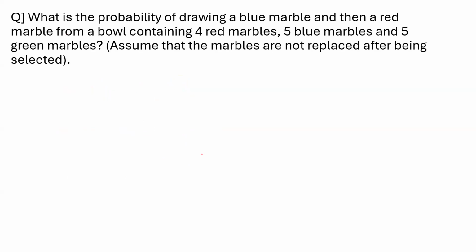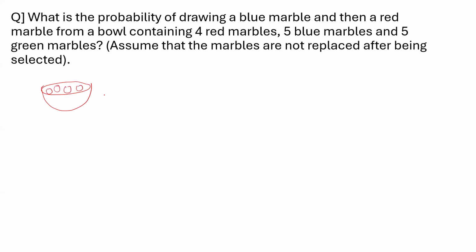The next problem says, what is the probability of drawing a blue marble and then a red marble from a bowl containing 4 red, 5 blue, and 5 green marbles? So you have a bowl like this, which is full of balls.